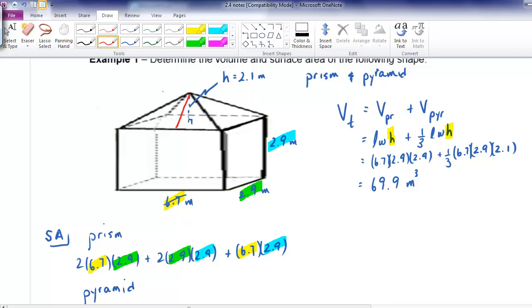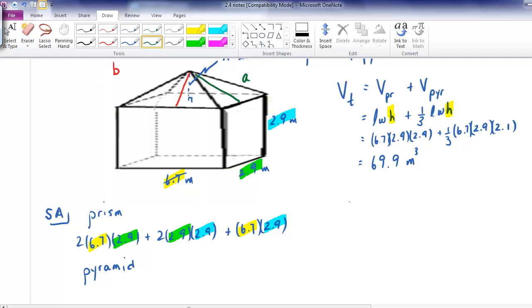We'll call the red slant height B. So there's my red slant height. And we'll call the green slant height A. And in order to do that, we have to use the height of the pyramid to determine the slant height of those imagined inside right triangles. So let's do the first slant height first.